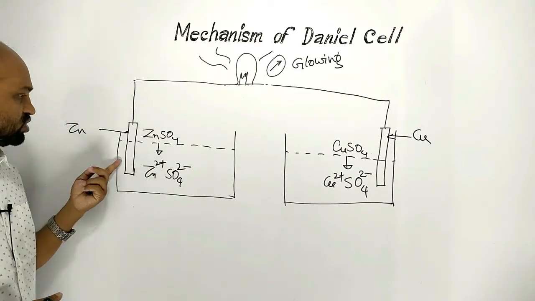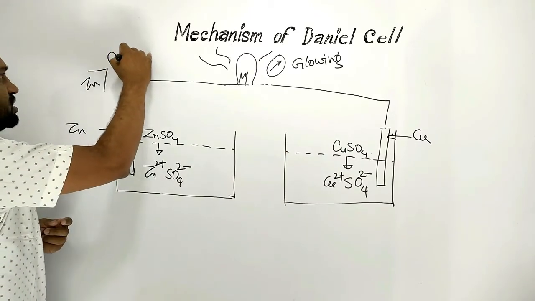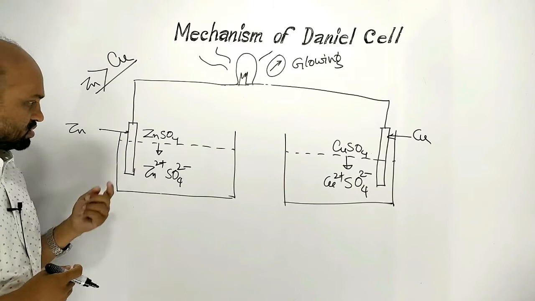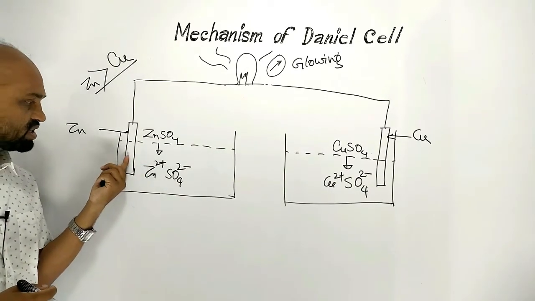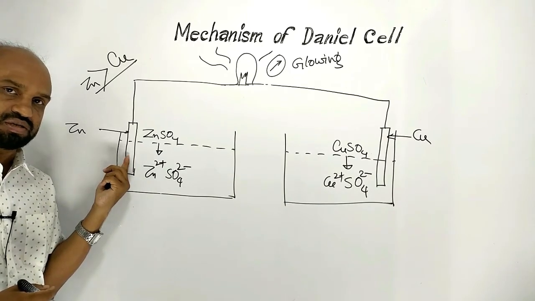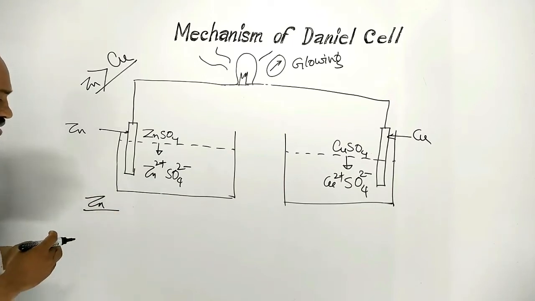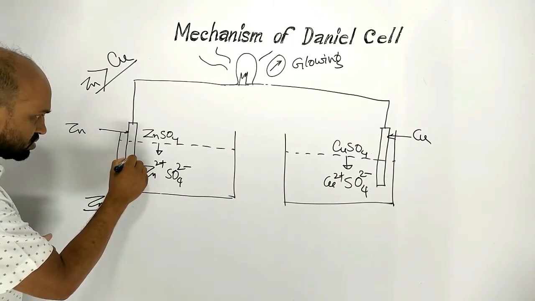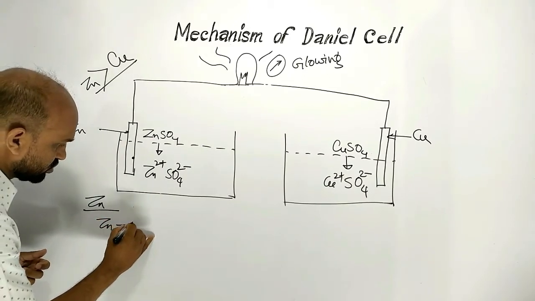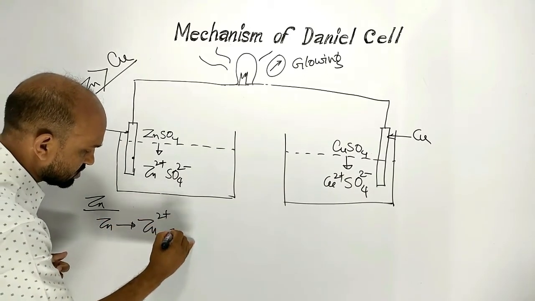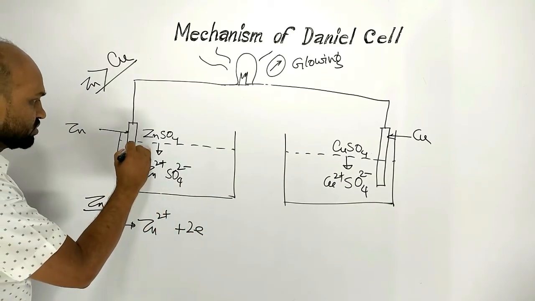Here we know that zinc is a more reactive metal than copper. So in the solution of zinc sulfate, a reaction happens spontaneously. That is, zinc atoms of the zinc bar convert to zinc 2 plus, leaving 2 electrons in the bar.